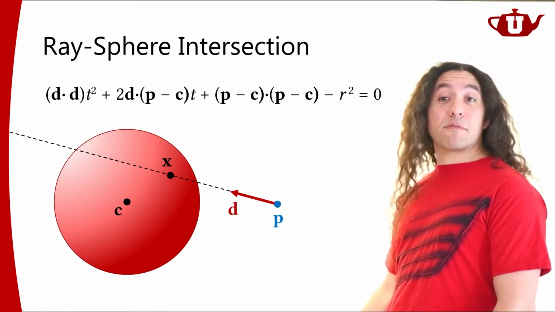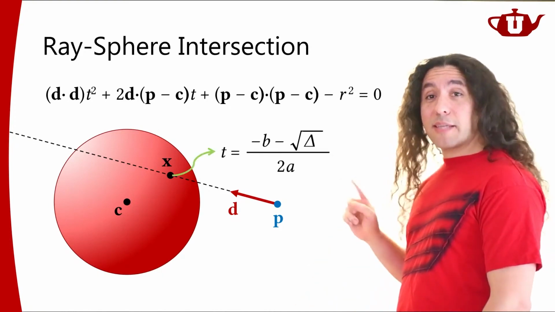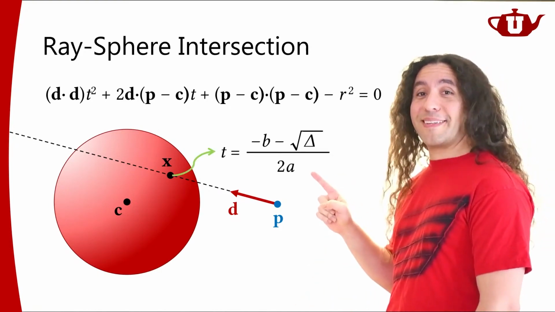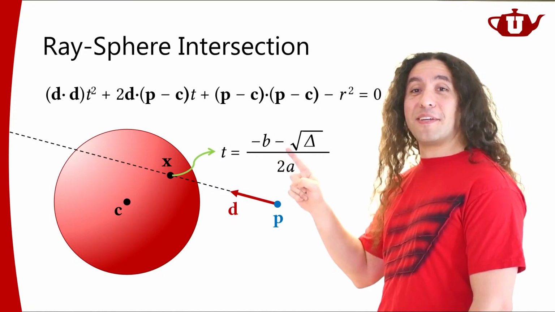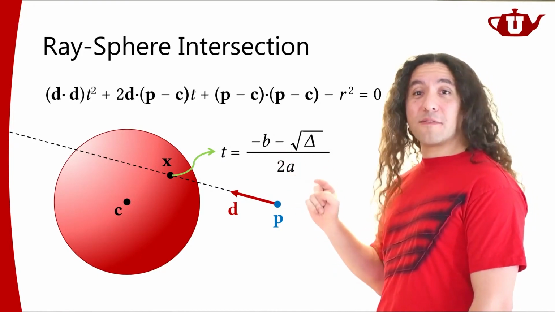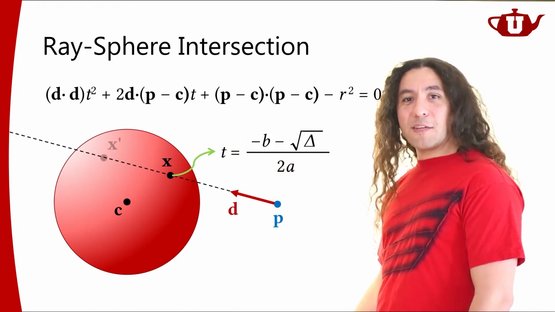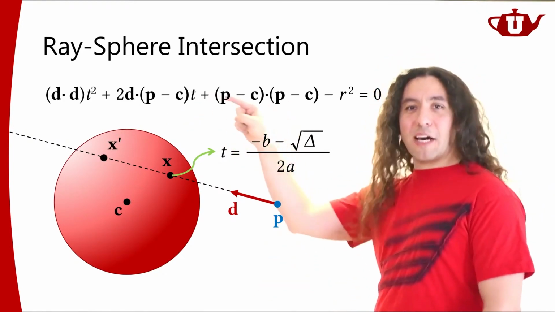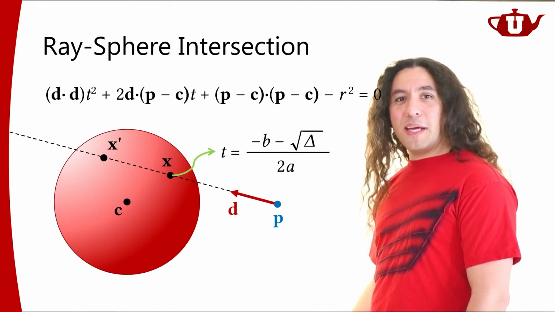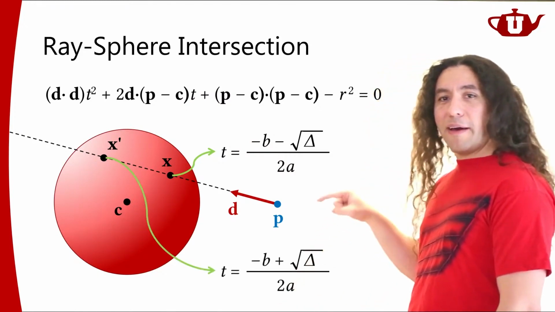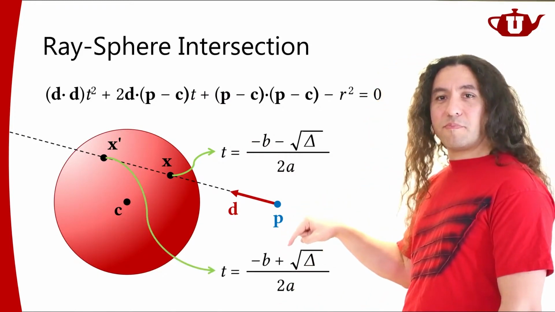Actually, in this case, the answer is quite easy. In this case, I will always want to pick the one with negative here. The reason for that is, if I look at the other intersection, x prime, that is going to always have this positive version.